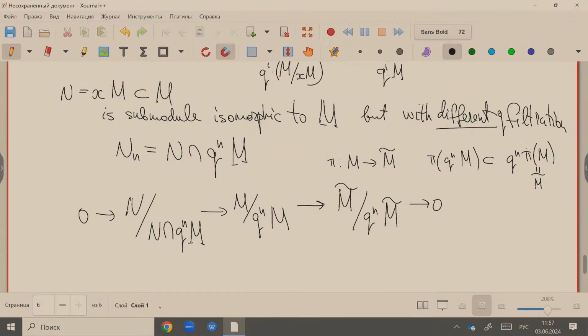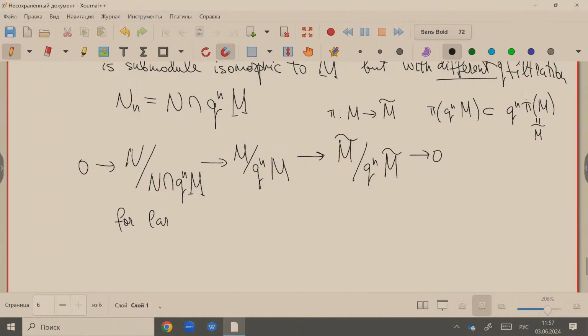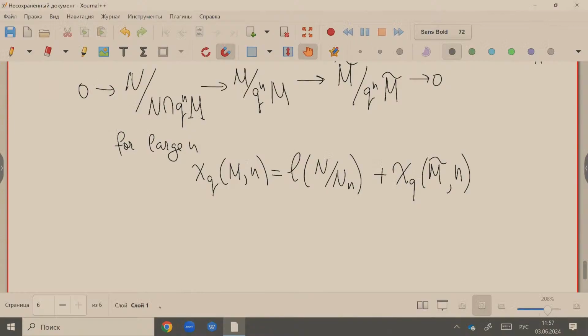And now we have to compare with the functions. So clearly, for large n, you have that the length function of M is the length of N modulo N intersection Q^n M plus chi Q of M tilde at n. And what we really need here, in order to prove that, is that this has smaller degree.